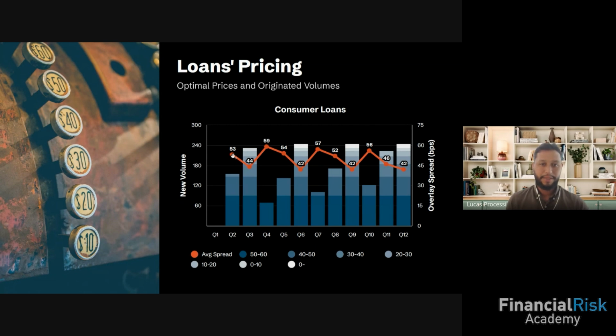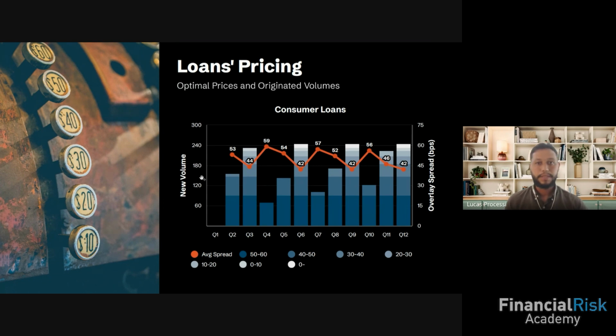But in the third quarter, the model decided to lower the rates, right? Because it lowered the rates, it also had more volume, more new loans entering the portfolio. And this is being completely governed by the demand curves, the demand elasticities for consumer loans.